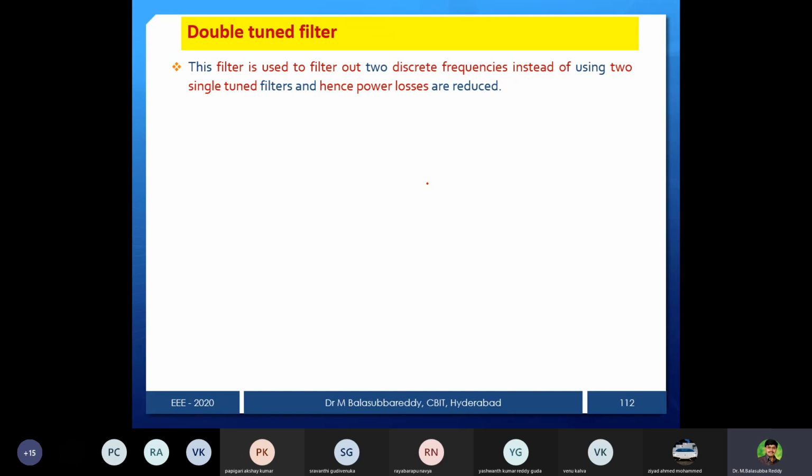Either you can use two single tune filters or directly a double tune filter.